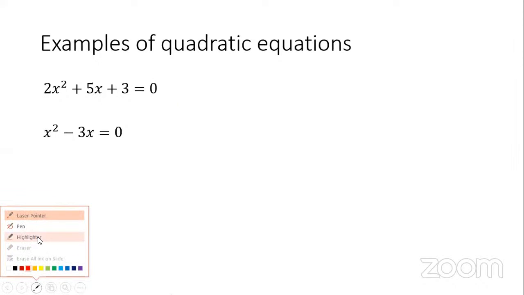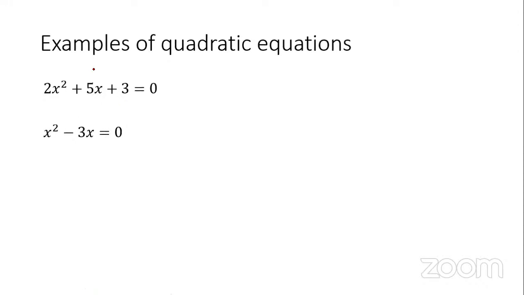If we compared it with the general form, which is ax squared plus bx plus c equaling to 0, what would be the value of a, b, and c? By doing a comparison of these two equations, what would be a, b, and c? You can have your answers in the chat.